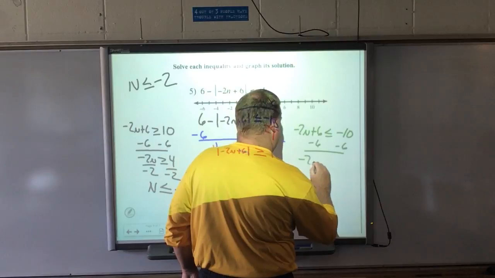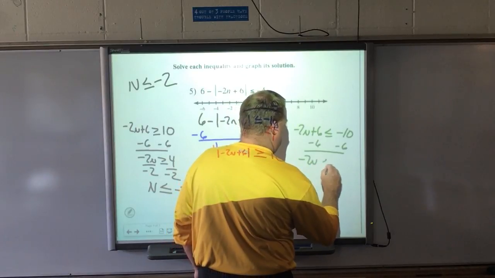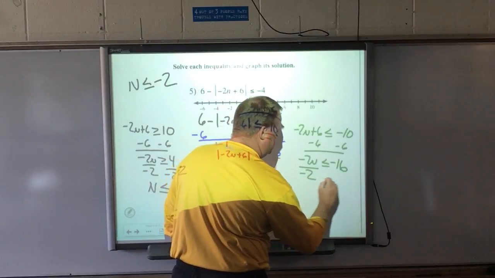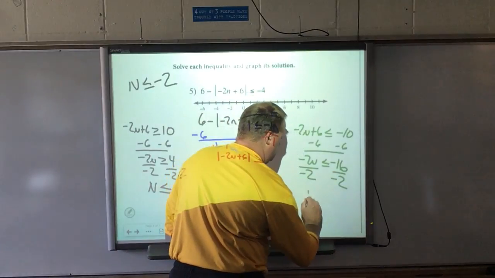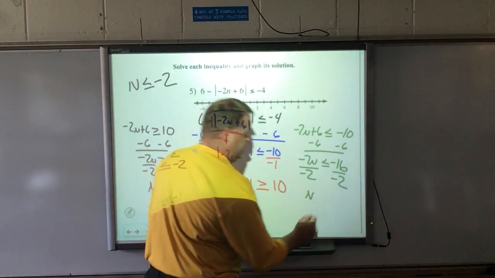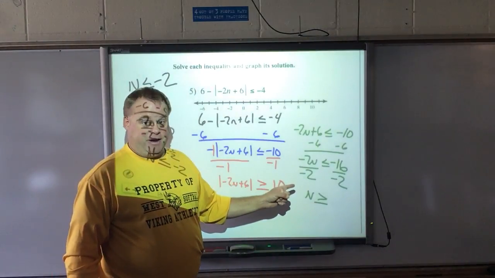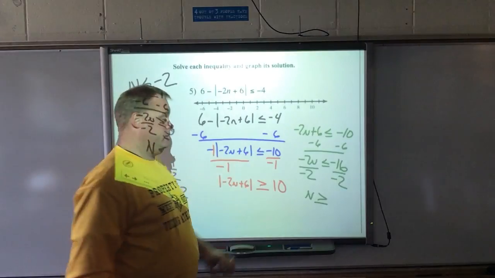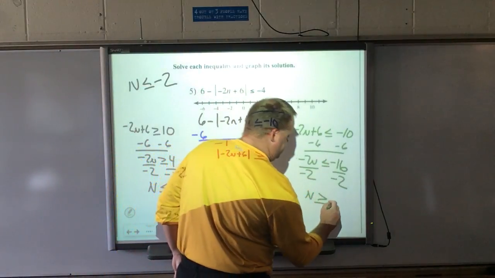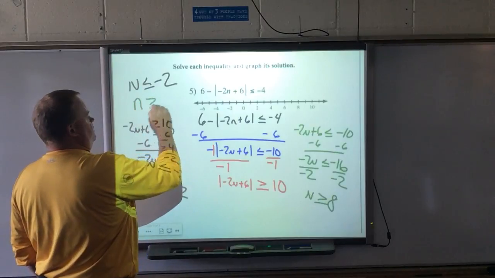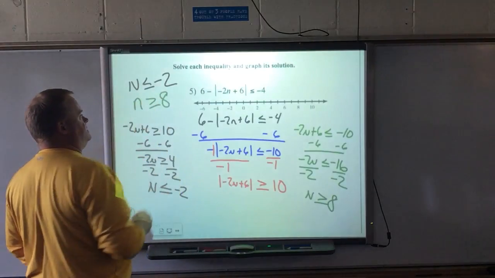This gives me a negative 2n less than or equal to a negative 16. Divide by negative 2, divide by negative 2. N is now greater than or equal to, divided by a negative, got to flip the inequality. 16 divided by 2 is 8. So I have n is greater than or equal to 8.